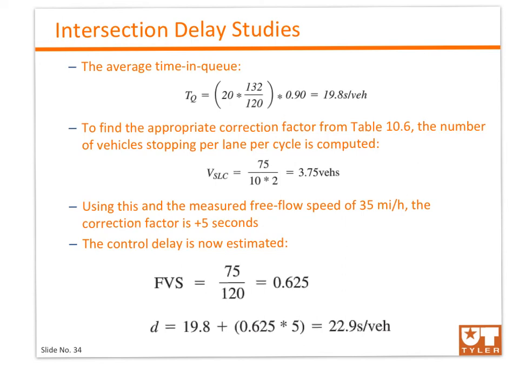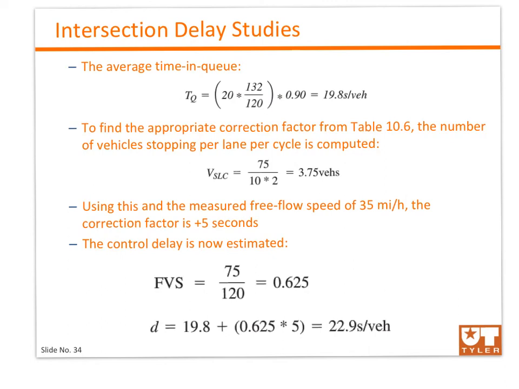Since we count vehicles every 20 seconds, 0 to 20, 20 to 40, 40 and plus, that's why this is IS, 20, times 132 over 120. 132 is the summation of all vehicles in queue counts, VIQ or VQI, over 120, and that is VT, which is the total number of vehicles arriving during the study period.